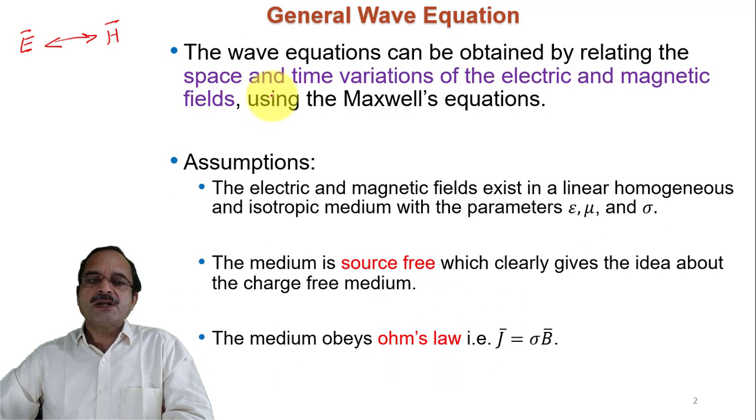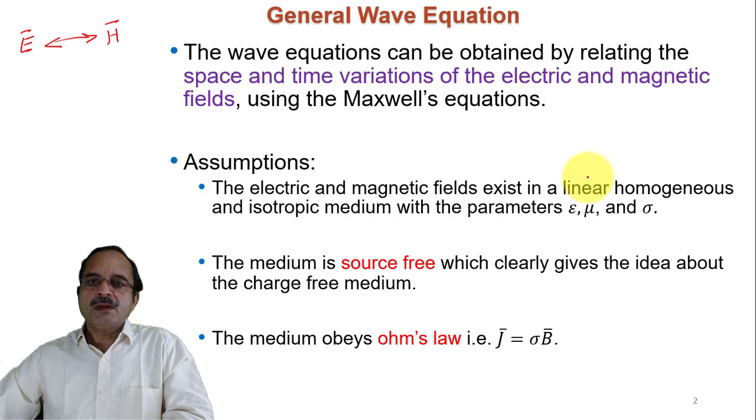Before we proceed, we make certain assumptions. Assumption number 1: the electric and magnetic fields exist in a linear, homogeneous and isotropic medium.